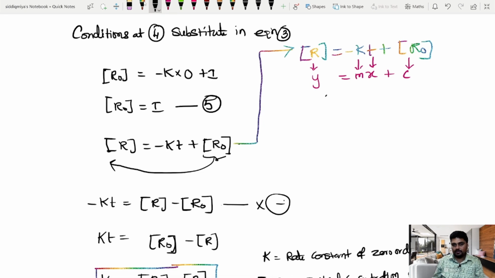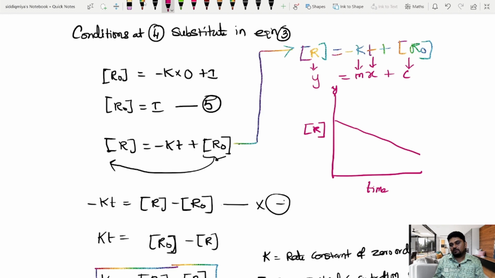Now see here, on the y axis we are taking R and on the x axis time. We get a negative slope with a y intercept. The slope is equal to minus k, and the y intercept is R naught.